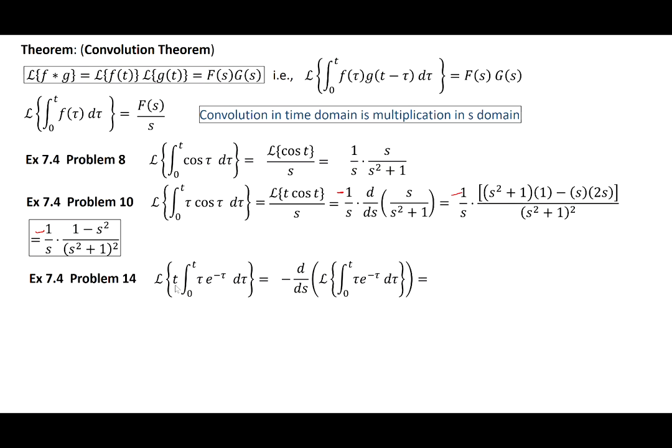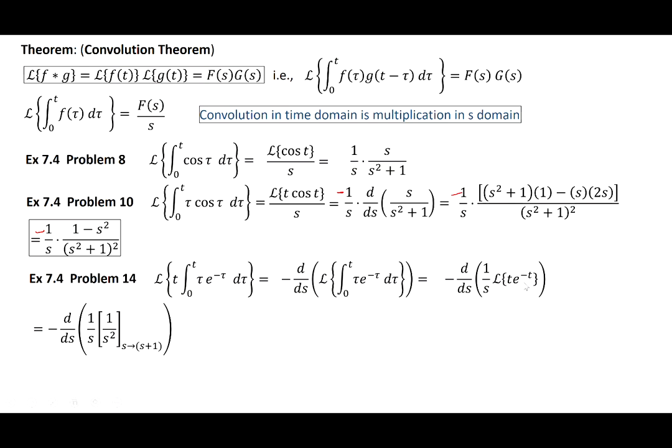So, how do we find this? Kind of like how we found the Laplace of tau cosine tau. It looks pretty similar to me. The Laplace of this integral is 1 over s times the Laplace of t e to the negative t. And to evaluate the Laplace of t e to the negative t itself, we have a couple of ways of doing it. Think of this as the Laplace of e to the negative at times f of t.